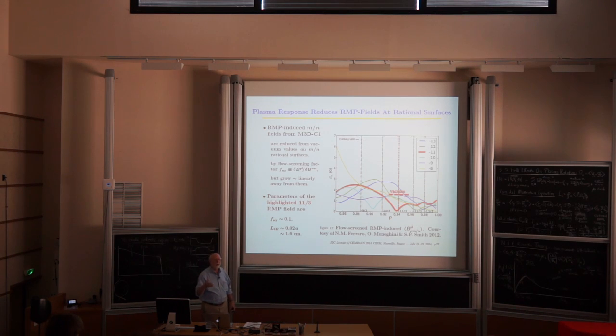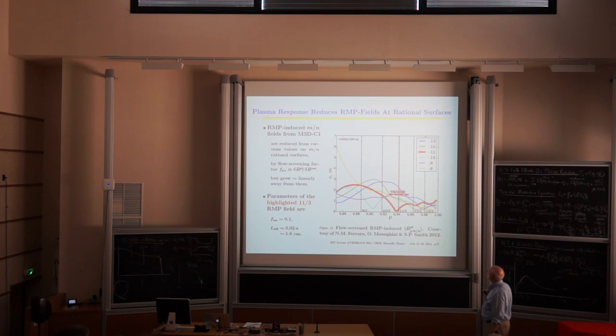It's going to screen out the magnetic perturbations I apply, which are these RMPs. Now the RMP applies not one mode, but many. These are n equals 3, toroidal mode number of 3. So the blue curve here is the n equals 3 perturbation, and it's sort of small at that rational surface.